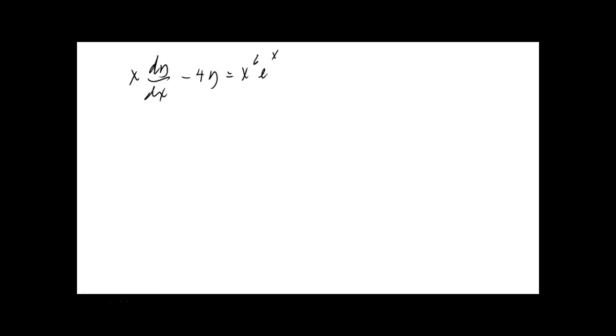Questions for you. Number 1, is that a linear equation? Is it an ordinary equation? Okay, it is ordinary, those are not partials. I said, is it a linear differential equation? Why not?